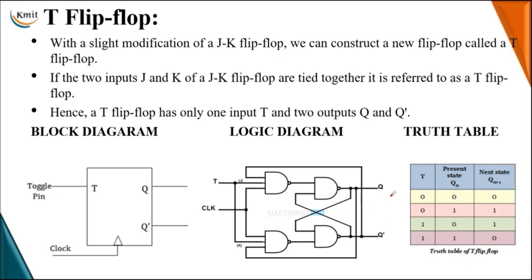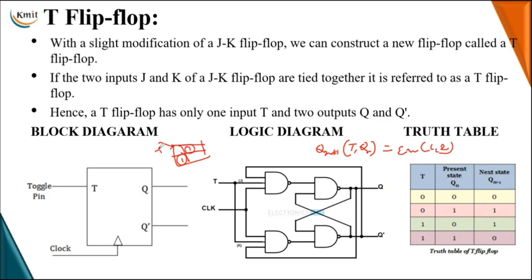From this truth table, let me derive the characteristic equation of the T flip-flop. Qn plus 1 is a two variable function, and the two variables are the present state and the present input. The present state is Qn and the present input is T, which is equal to sigma m of 1, 2. Now let me take a simple two variable K map, and in this K map let me map the function, which has isolated minterms.